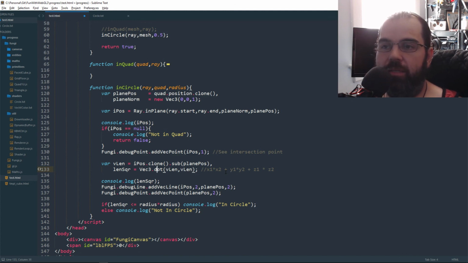Ideally, you can just do Math.sqrt and surround this, and you get the actual length between those 2 points. Now, since I'm not doing the complete length equation to get the actual length, I'm stopping at length squared. To do a comparison, all you have to do is square your radius.